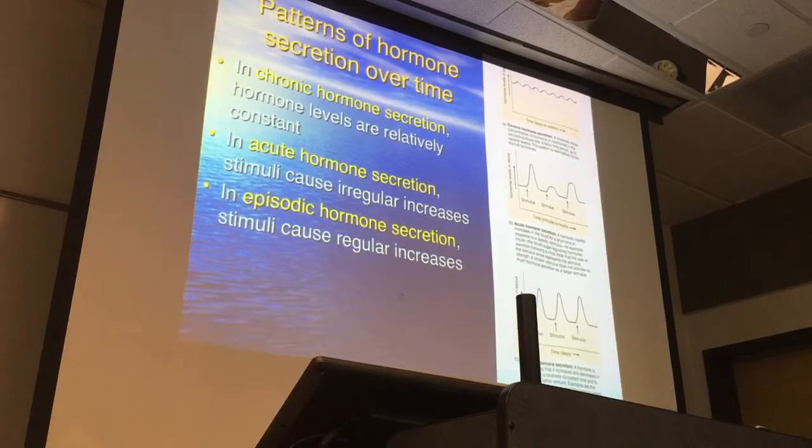Can you think of a hormone that would be that way? Glucagon? Nope. Is it insulin? Nope. That varies from really high levels to really low levels. Luteinizing hormone, FSH?